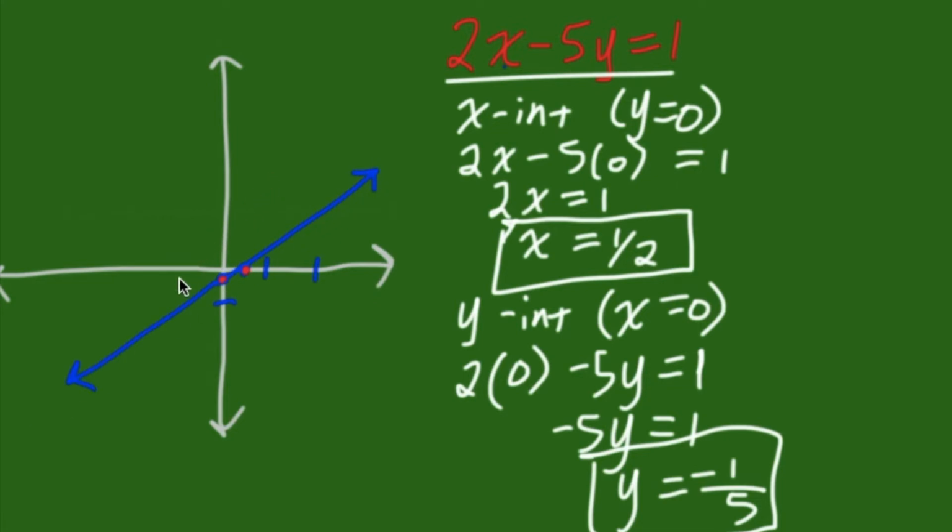Now, one extra thing that will help you understand this even more is by looking at this graph here. We can see that whenever we have an x-intercept, it will be our x value followed by 0. Y is always 0 for our x-intercept because it's on the x-axis where y is 0.